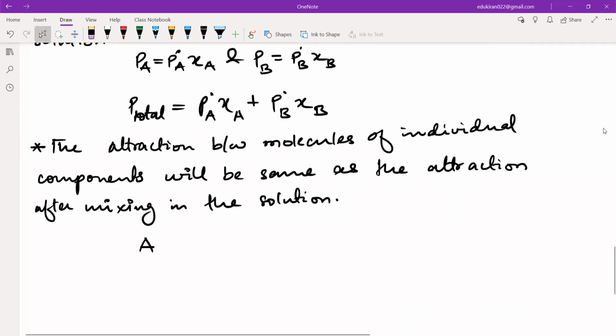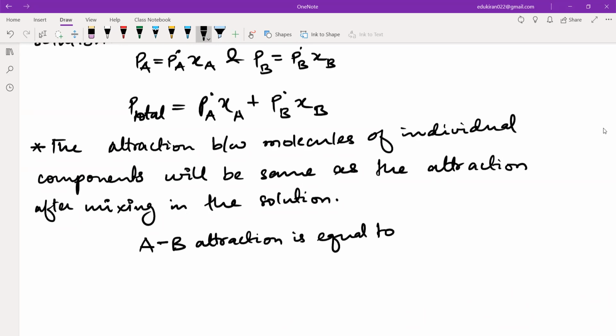Now let's write: AB interaction, AB attraction is equal to AA and BB. Okay, AB is equal to AA and BB. Okay, इसको याद रखिएगा हमेशा.